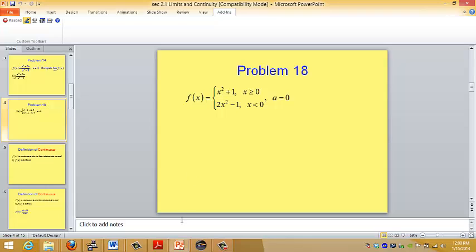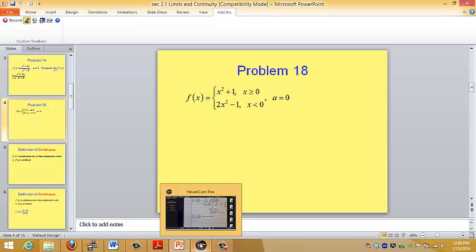So if I have a piecewise defined function, and let me write it down, f of x equals x squared plus 1, and I know you can't see my little thing quite yet, where x is greater than or equal to 0, or 2x squared minus 1 when x is less than 0. But I'm going to go ahead and let you look at that.